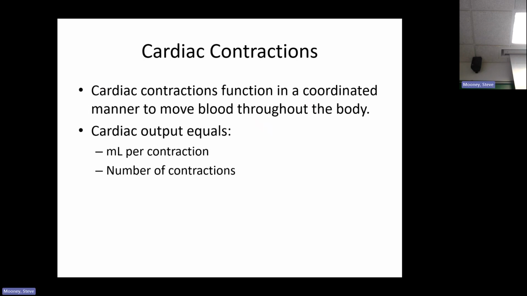So how would we modulate or adjust our cardiac output? We either have to change the amount per contraction, increase it or decrease it, or change the number of contractions that we have per minute.